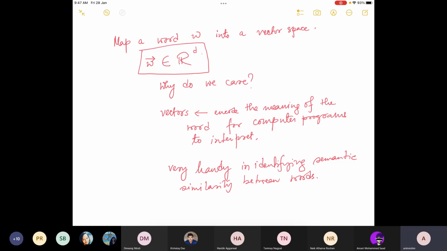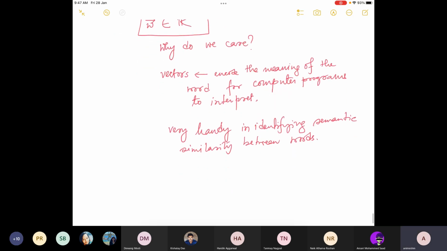So these are some of the basic requirements of word embeddings, the reasons why one, as a computer scientist, cares about building such word embeddings, sometimes also called word representations.